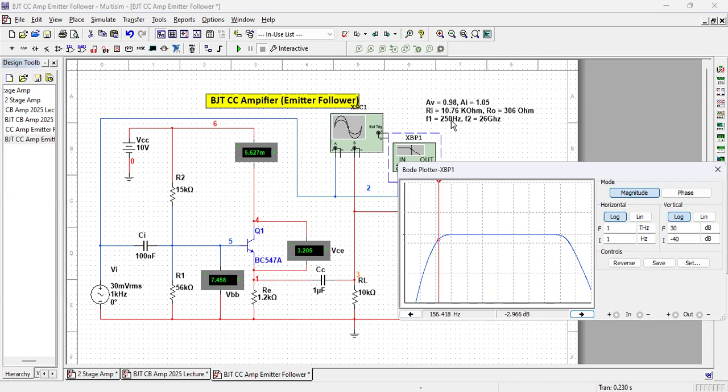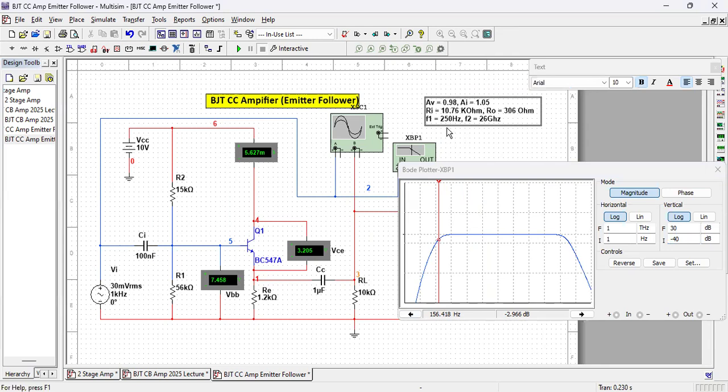So lower cutoff frequency is 156 hertz. Upper cutoff frequency also we shall go to minus 3 dB. This is minus 3.09, so let us consider this. The frequency is 26.4 gigahertz. So let us say this is 26 gigahertz.